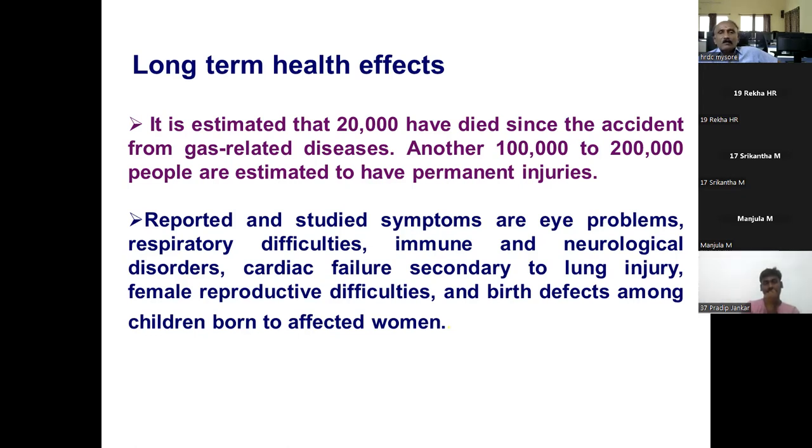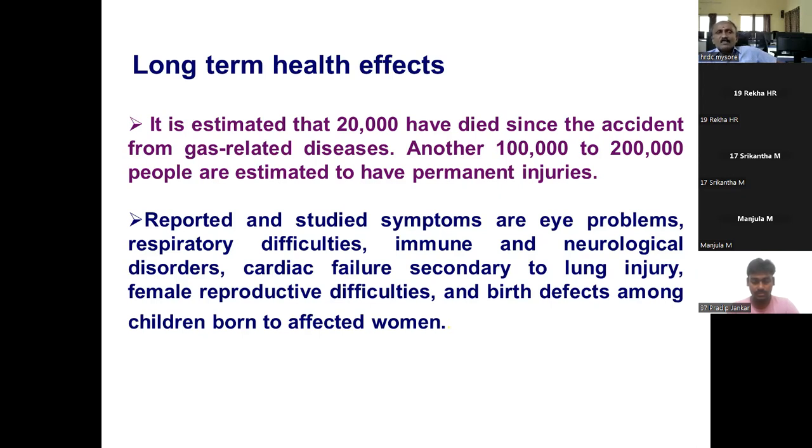It may bring about eye problems, respiratory problems, it may affect your nervous system, that is neurological disorders. Your lungs may be affected, your reproductive structures may be affected, and birth defects may result.